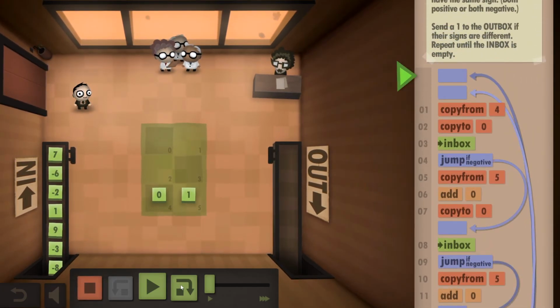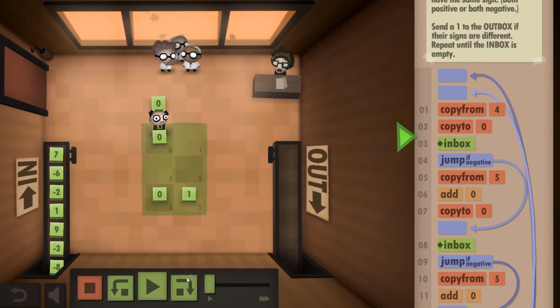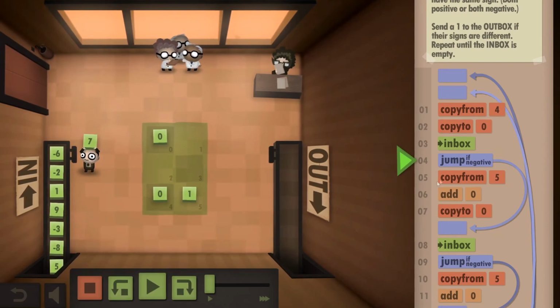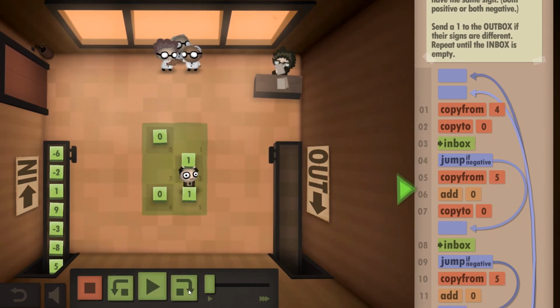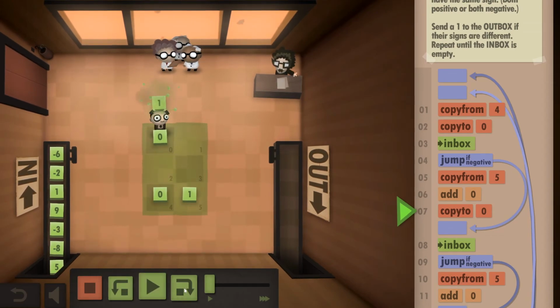Alright, so let's step through this. We pick up a 7. Well, first we initialize our variable there. And we pick up a 7. Now, it's not negative, so we're going to skip over this code here. Or, actually, we're going to execute that code. We're going to add a 1 there. Okay.